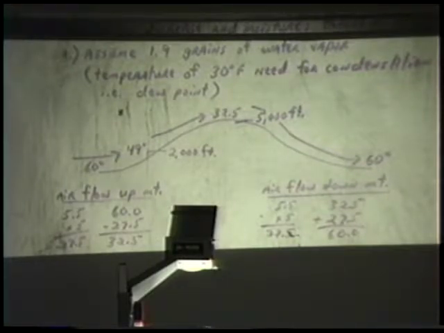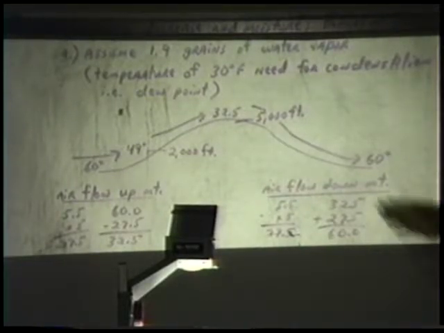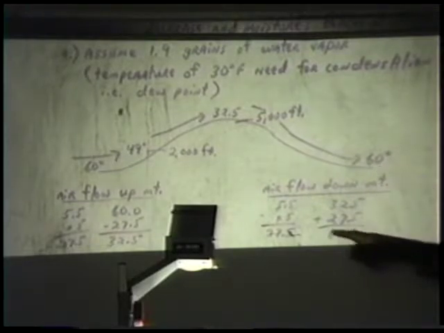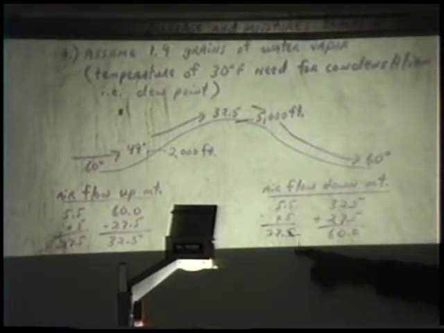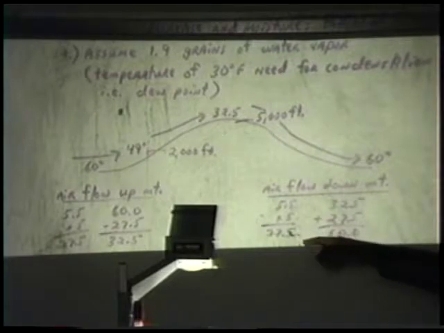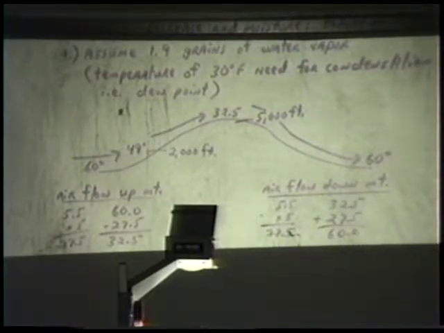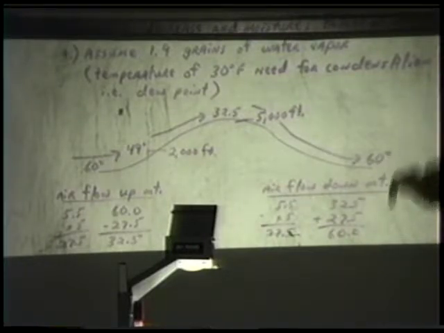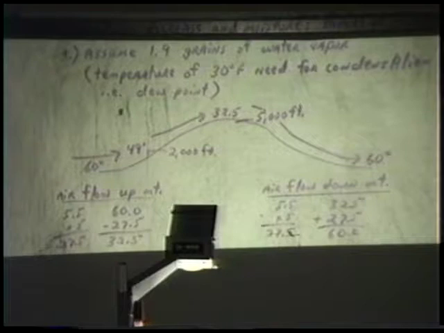But it will heat up at the same rate, at the dry adiabatic rate. And so in order to get the temperature on the other side of the mountain, we would simply multiply again 5 times 5.5, we get 27.5. But this time we add the 27.5 to 32.5. And we get, again, 60 degrees Fahrenheit. In other words, it's going to be 27.5 degrees warmer at the base of the mountain on the other side than it is at the top at 5,000 feet.